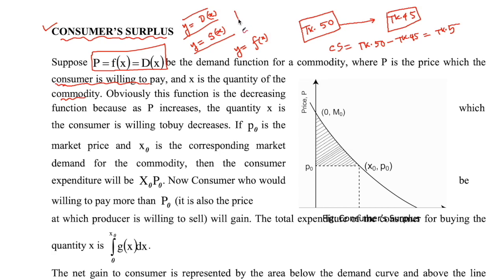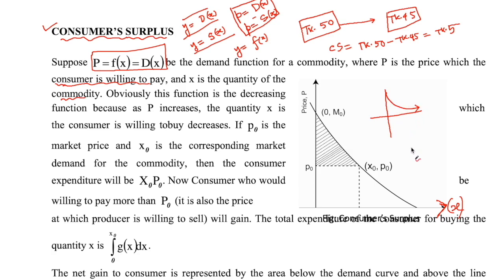So the function will be p equal d(x) or p equal s(x). So what happens in the demand curve? When price decreases, demand increases. Demand means x, the number of products, and here p indicates price. So the demand curve will be like this.